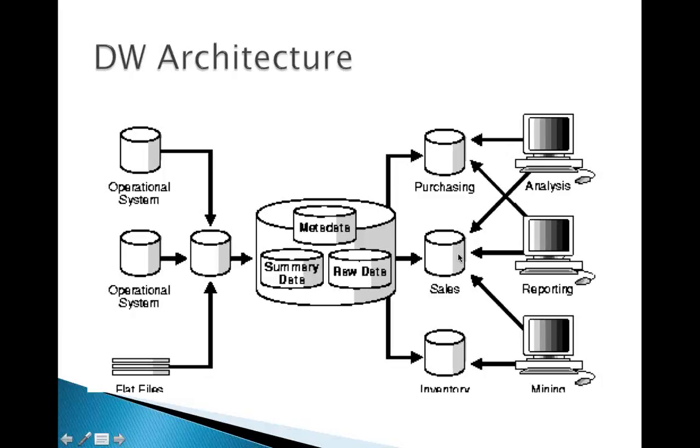When they request the sales department details, it takes them directly from this department and shows them to the end user. To make query retrieval very easy, data warehousing introduced data marts. The main purpose of data marts is fast query retrieval.